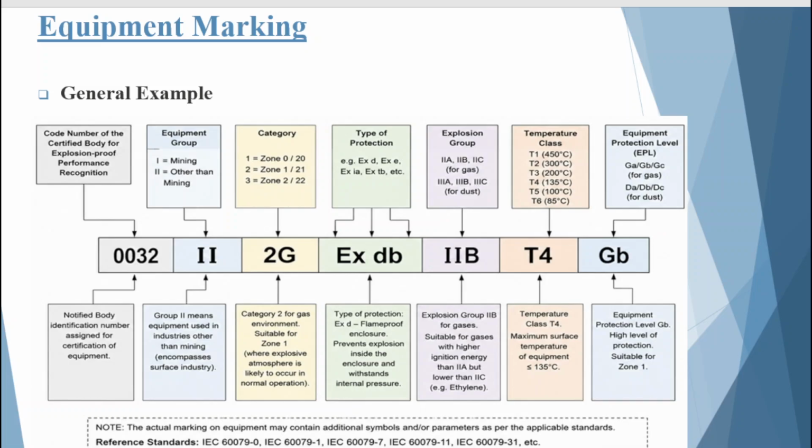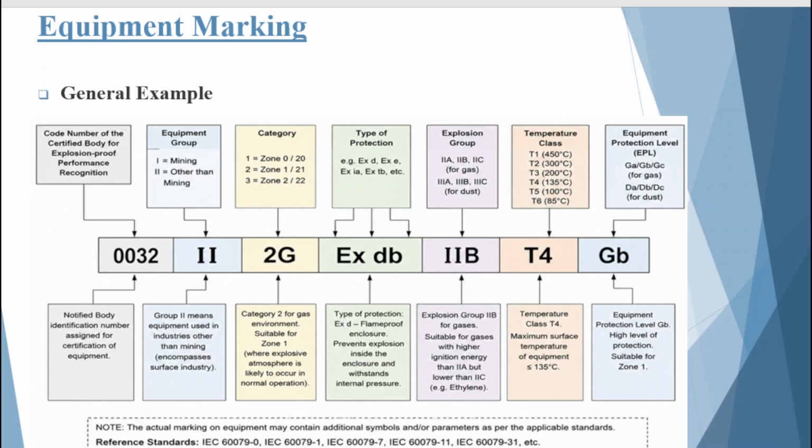The next marking is IIB, which represents the gas group. As we learned earlier, Group IIB includes gases such as ethylene. It requires a higher level of protection than Group IIA, but is less demanding than Group IIC.